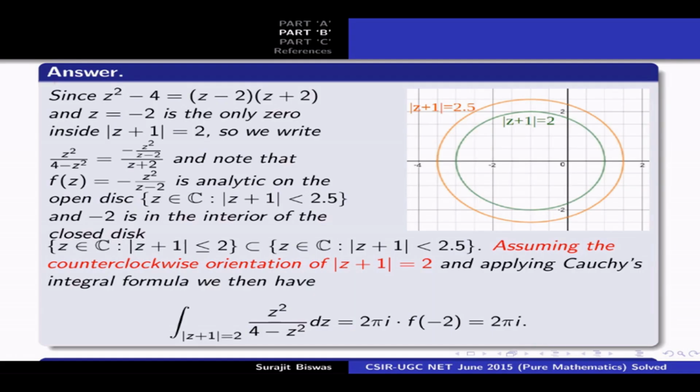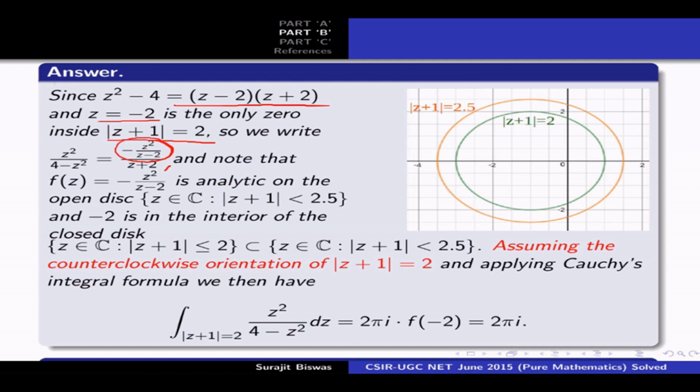Since z² − 4 can be factorized as (z − 2)(z + 2), and z = −2 is the only zero inside this given circle, |z + 1| = 2, we write z²/(4 − z²) equal to −z²/(z − 2) divided by (z + 2), and note that f(z) equal to this we are taking as f.